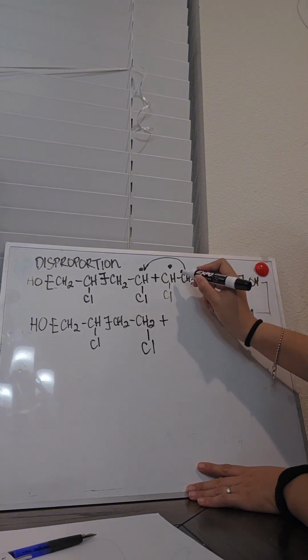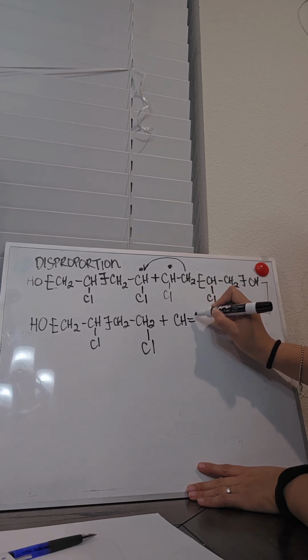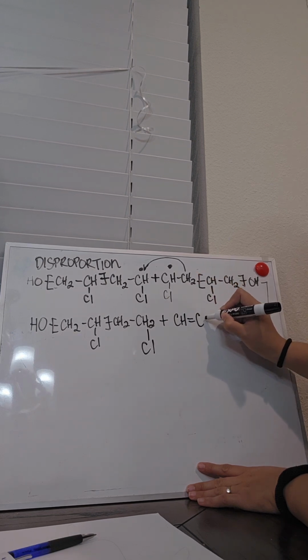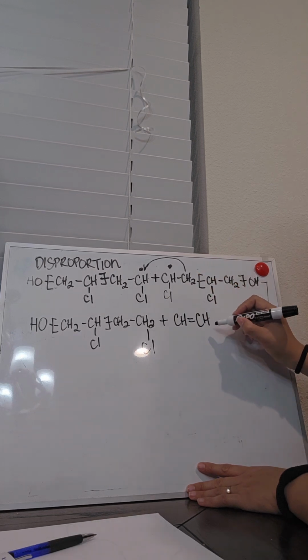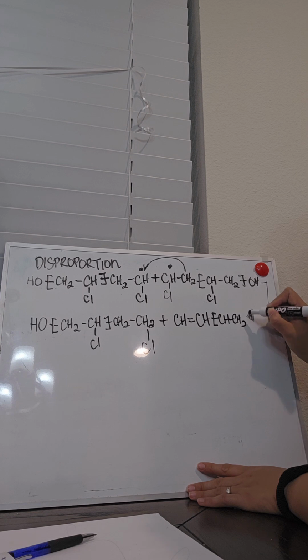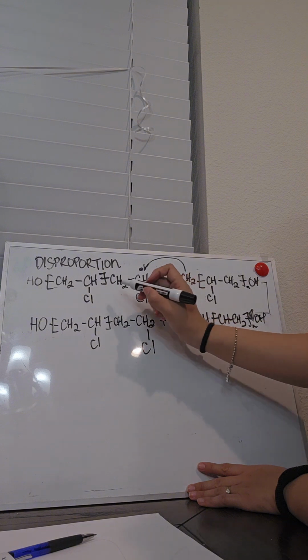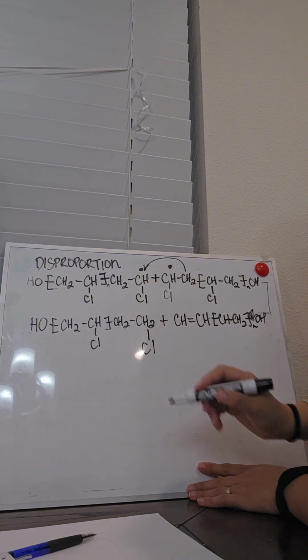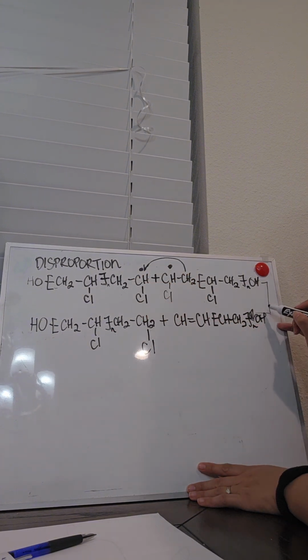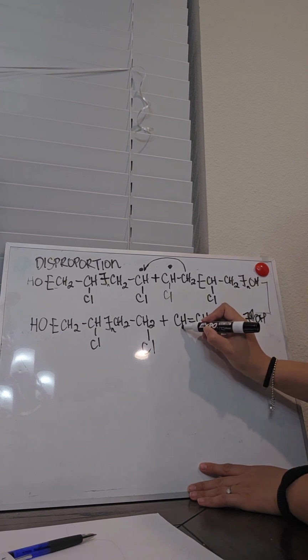And then for the second one, we will have a double bond instead of a single bond because of that loss of hydrogen. I forgot to write the n number of times here, and the n number of times there will be the same as this. Alright, so let's write down the chlorines.